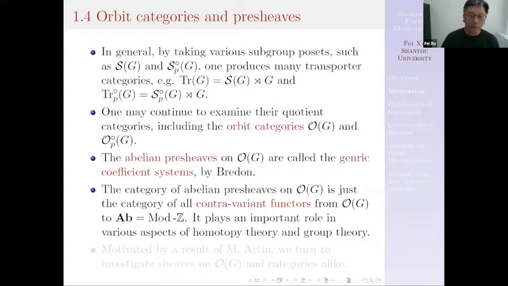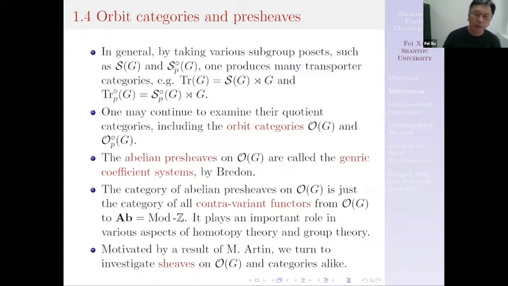And so motivated by a result of Artin, we want to further investigate sheaves on this orbit category, and other interesting categories built from a group. And actually, I should mention that somehow this work is motivated by Palmer's paper on stacks of group representations.